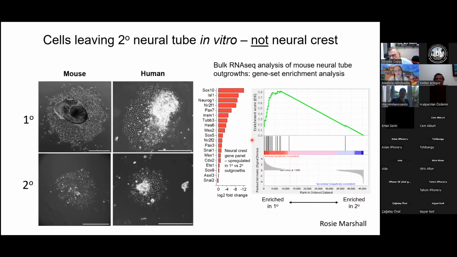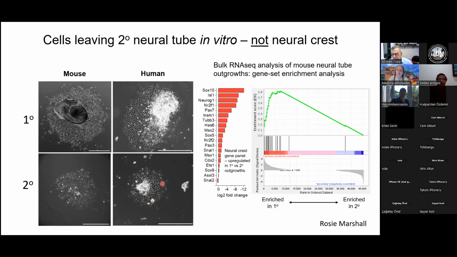And what we see is that all the genes, except one, are correlated with the primary neural crest. So it appears then that the cells that come from the primary neural tube in culture are truly neural crest cells, but the cells that come from the secondary neural tube in culture are not neural crest. They're something else. And we are now looking to see what these cells might be.